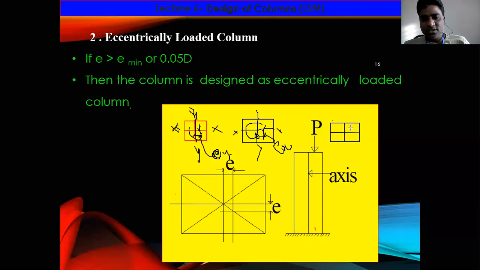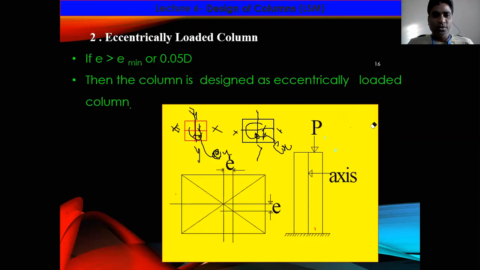That means somewhere else here the load is active. Right? That means it is eccentric with respect to, let us say, this is your Ex, along the x-axis, and with respect to this one also, this is Ey. Let us draw a bigger one for better understanding.